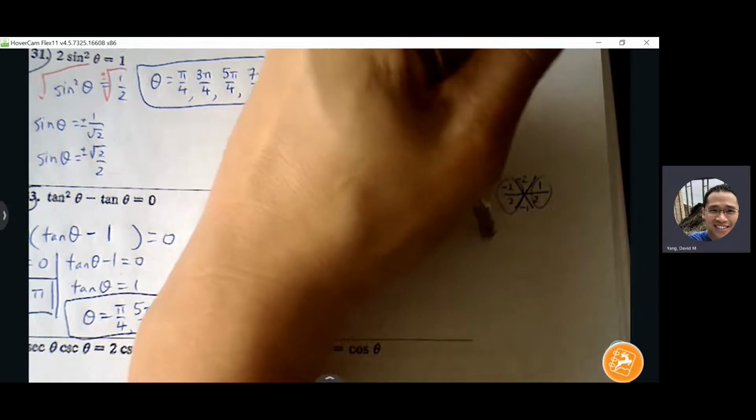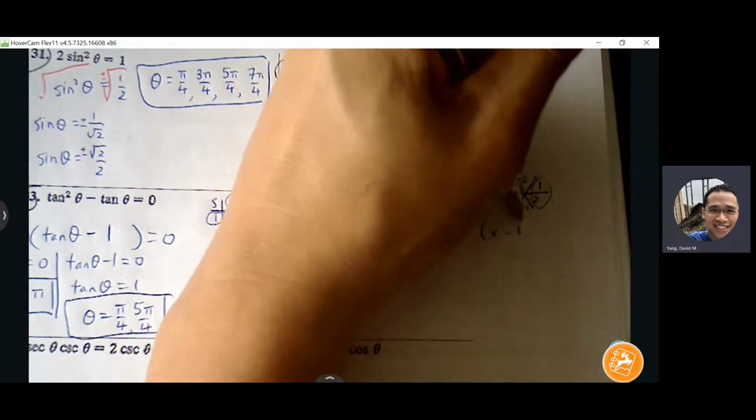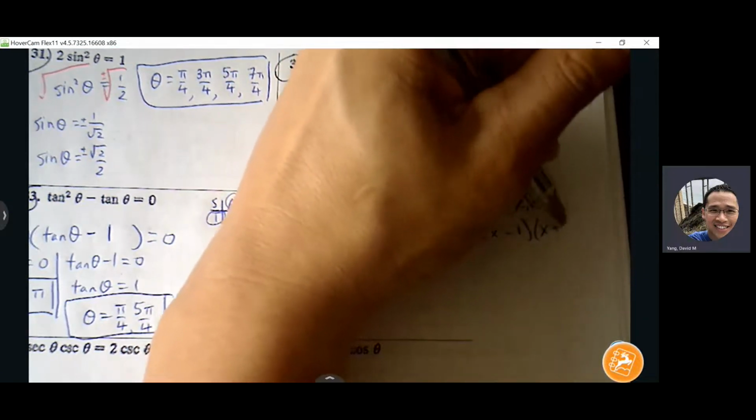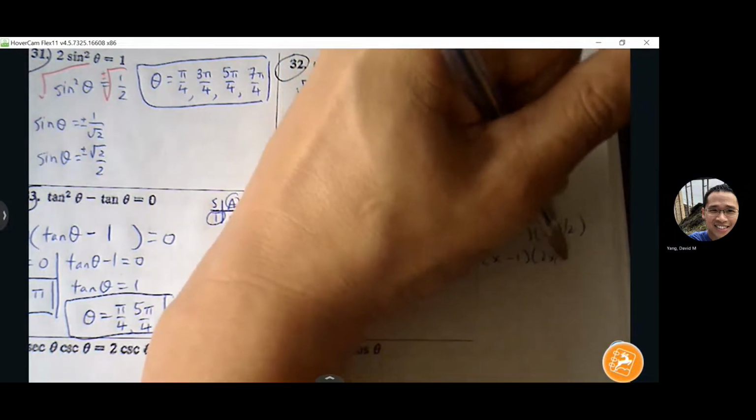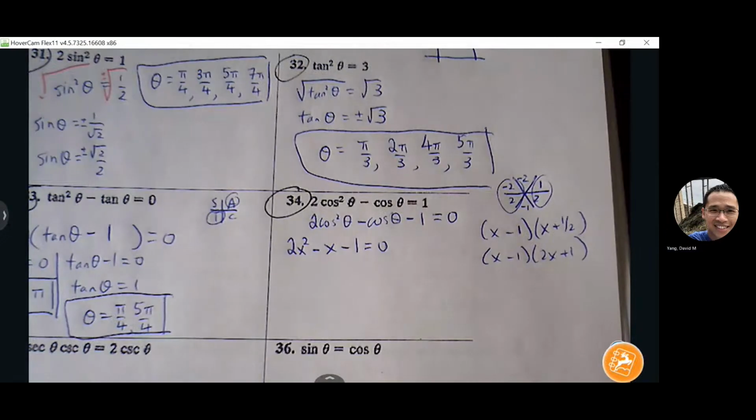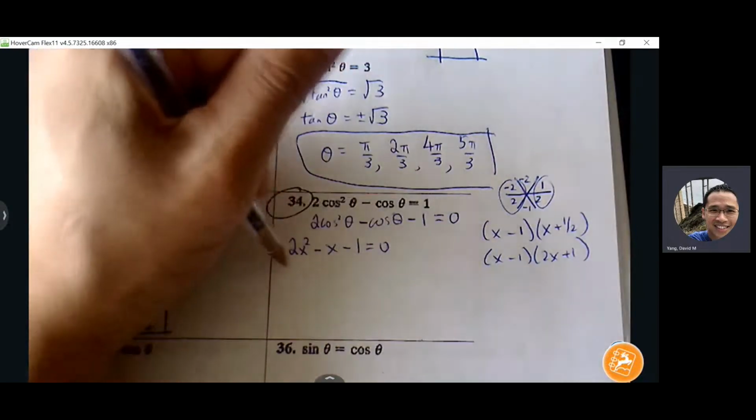Divide out, and then we get x minus, well, 2 over 2, which is 1, x plus 1/2. I can bring that denominator up. Bring cosine back into your factored form.